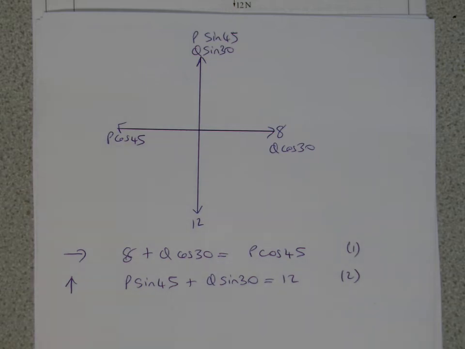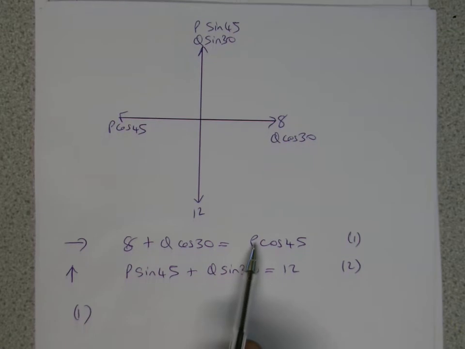The way I'd go about this is, you're not going to be able to do this by elimination. You can't just add equation 1 and 2, it's going to be too much work. What we can do is substitute. If we look at number 1 here, I can get P on its own, can't I? Because you could just take that cos 45 over.